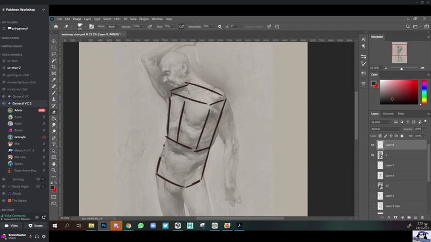Okay, no, I was wrong. The pelvis is a lot lower. And we have to look for that muffin top shape, which is down here. You can see where the muscle rests here, and here. So this will be the pelvis. And same thing, you can draw the middle line.